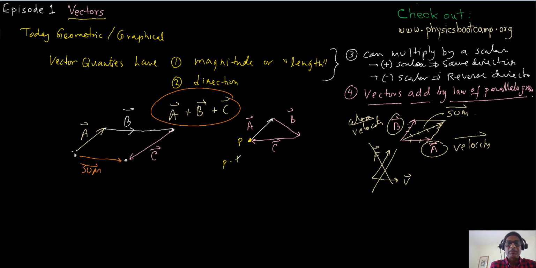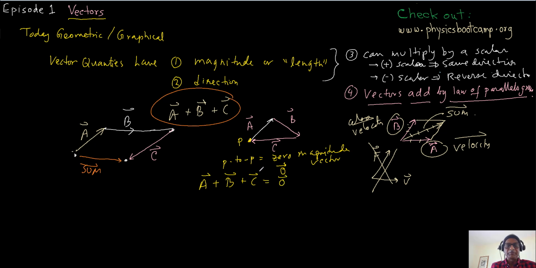So P back to P is a zero magnitude vector. So we can just have 0 with an arrow written like that. So A plus B plus C is equal to the 0 vector.